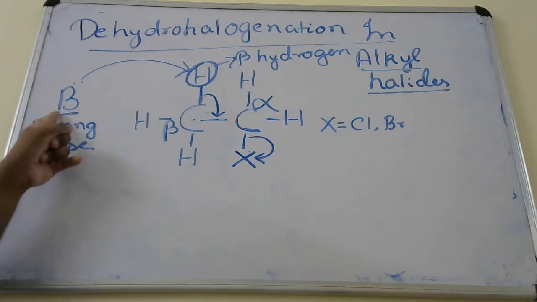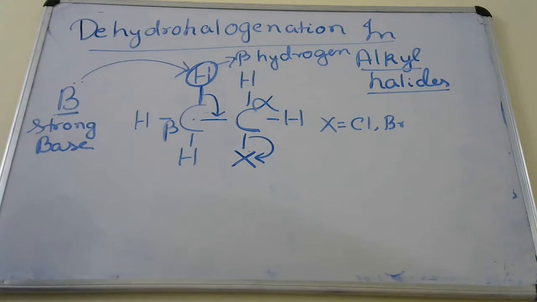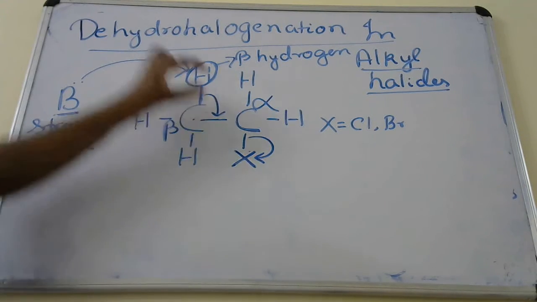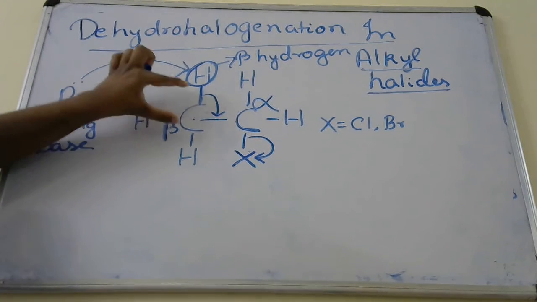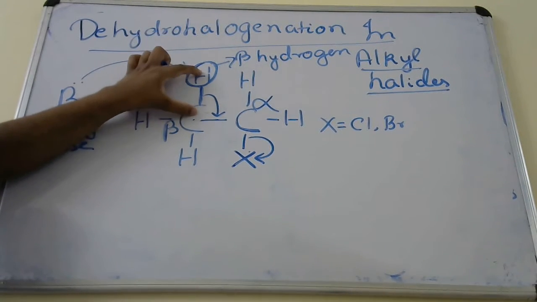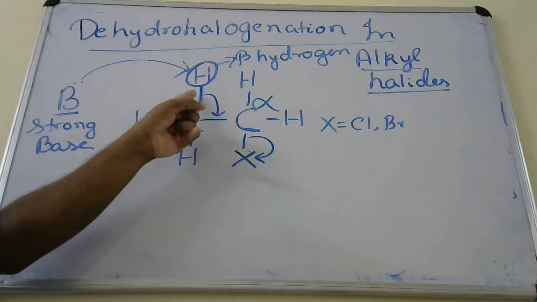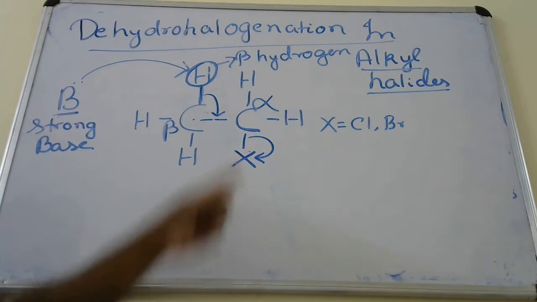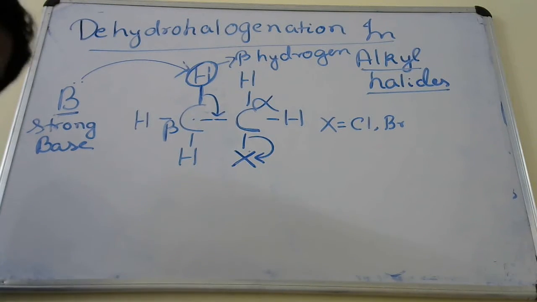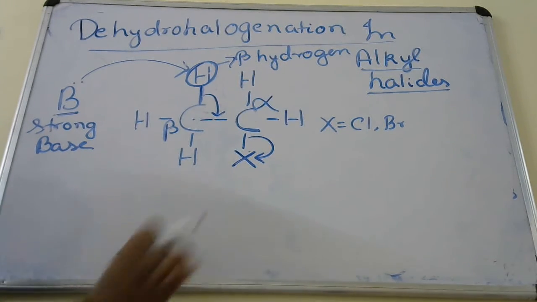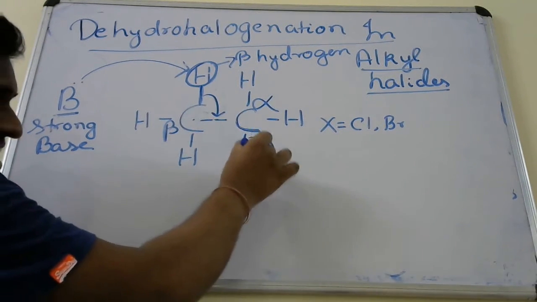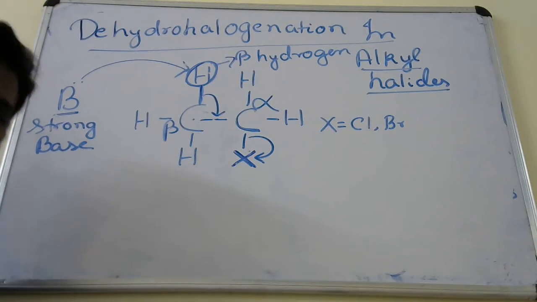The strong base is taking away the beta hydrogen, the beta carbon-hydrogen bond breaks, and the alpha carbon-halogen bond also breaks as the halogen leaves the system.